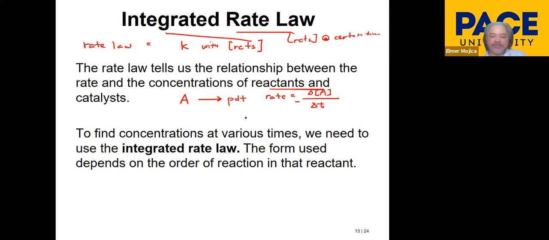Now, how are we going to write this in terms of rate law? Let's say it's first order. So rate is just equal to k times the concentration of A raised to the 1.